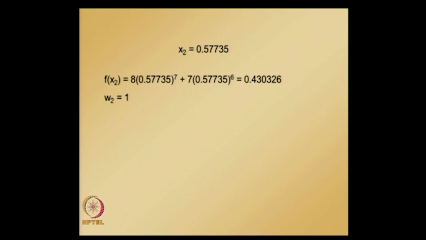So, the approximate value of the integral is the function evaluated at x1 times w1 plus the function evaluated at x2 times w2, and the value is shown there. The approximate value of the integral is 0.5185185 for the significant digits that are selected here.